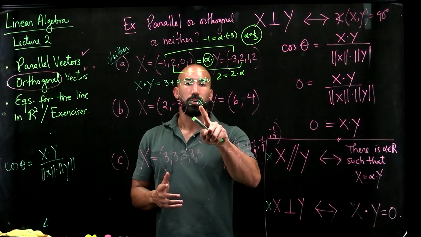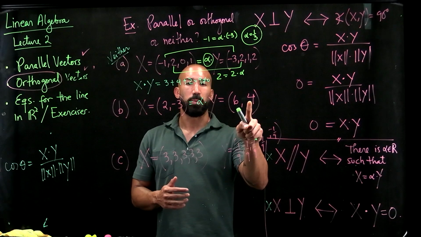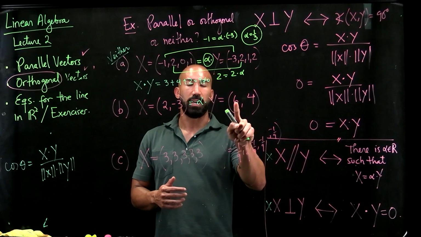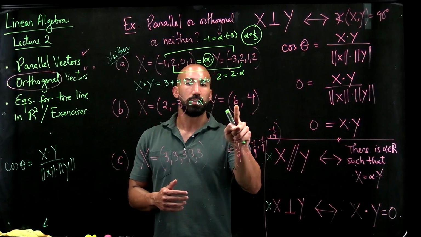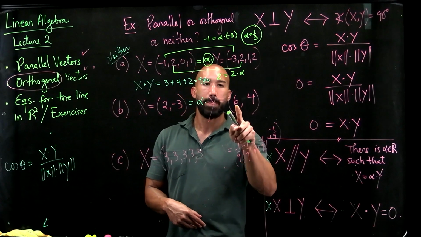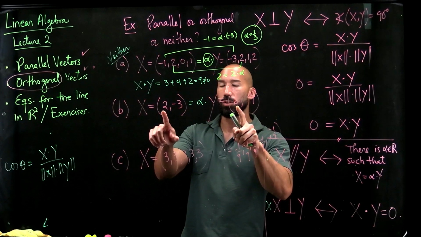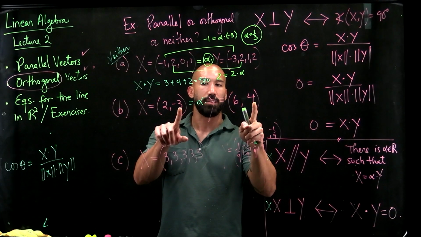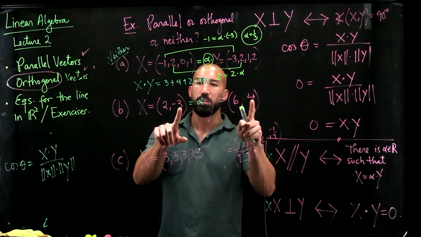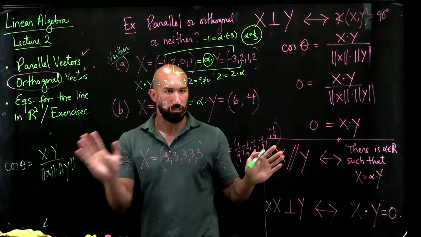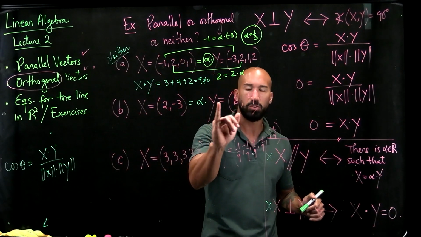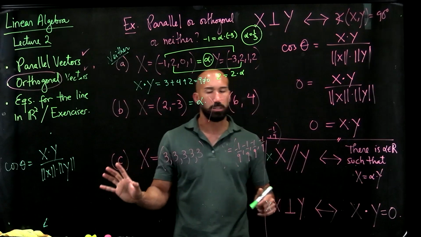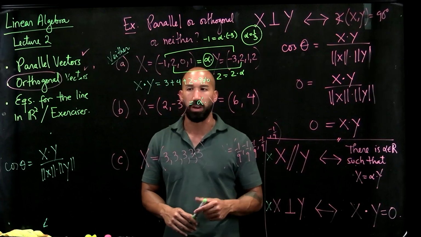But if we multiply 4 by 1 over 3, we won't get negative 3. So again, such an alpha, a single scalar working for all the components, doesn't exist, so they are not parallel.